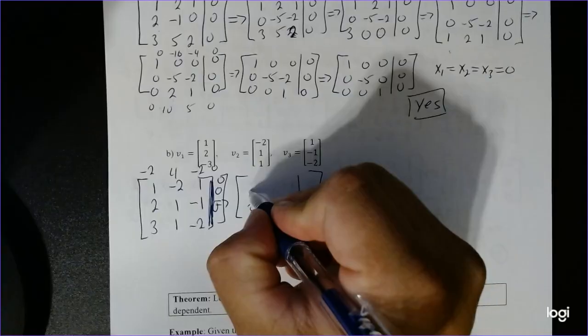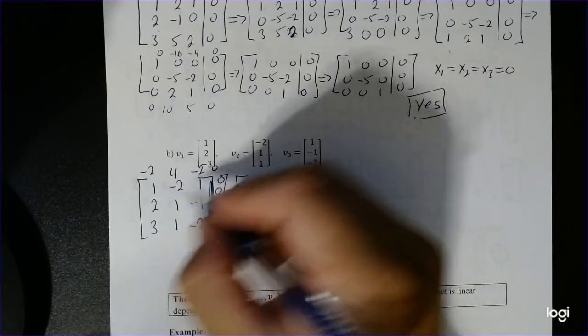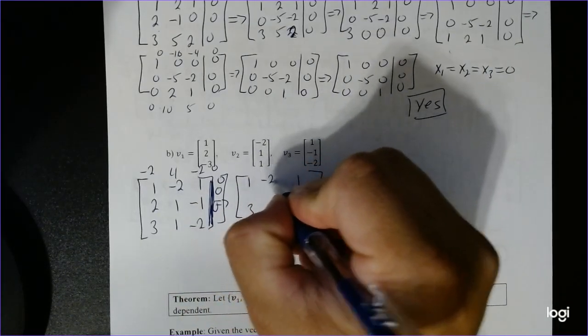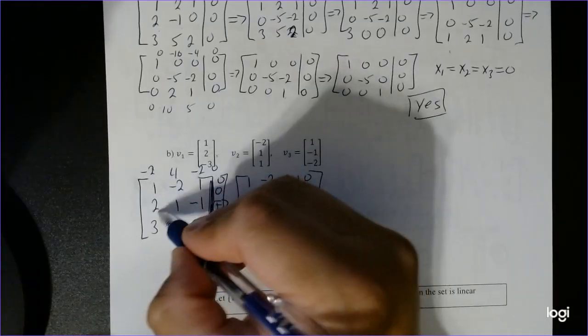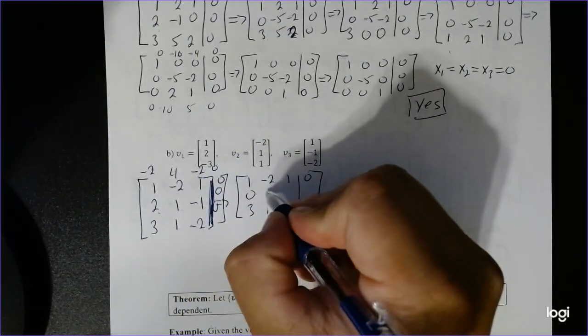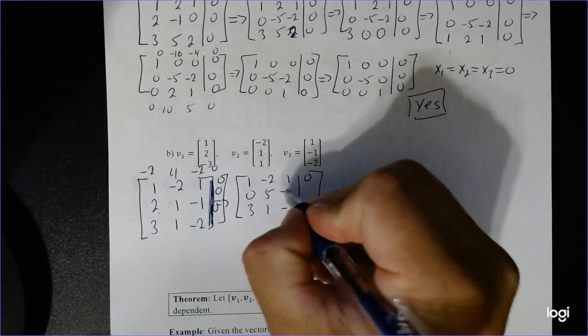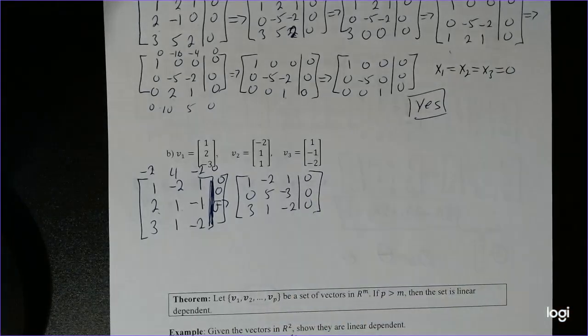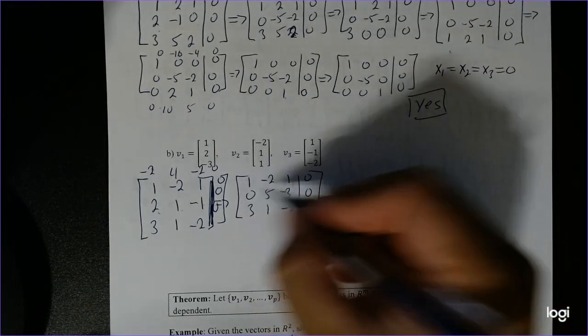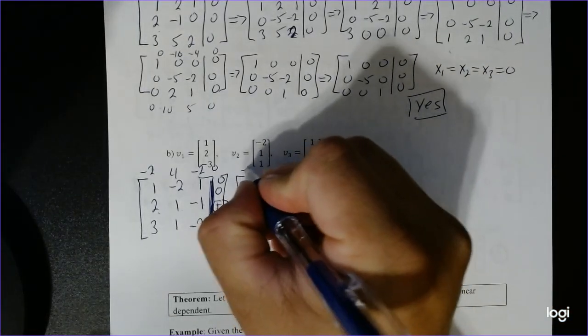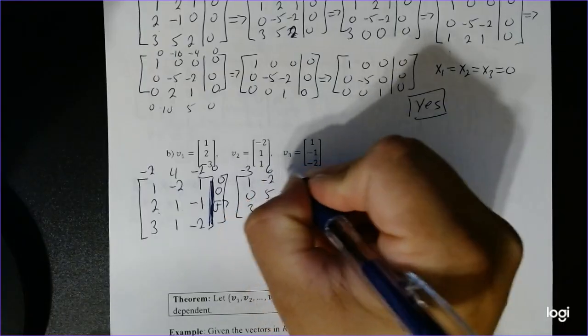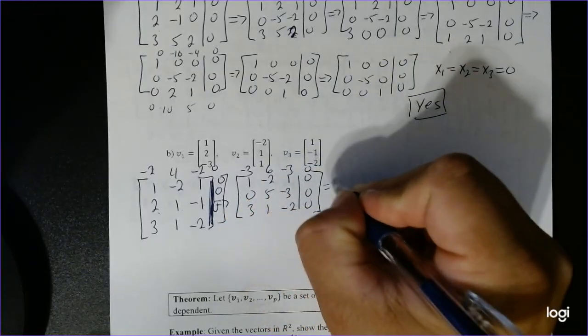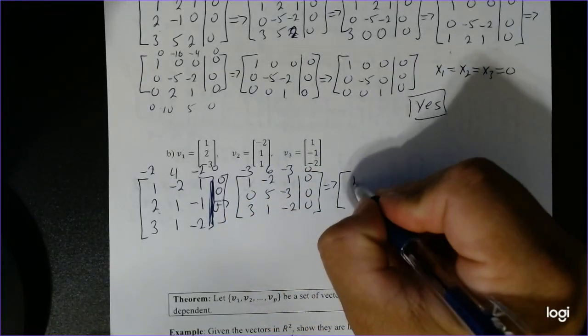Okay, I'll keep the first one the same. That gives you 0, 5, -3, and 0. All right, multiply this by -3 and add it to the bottom one.